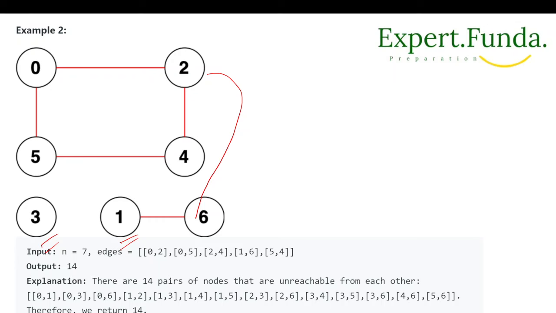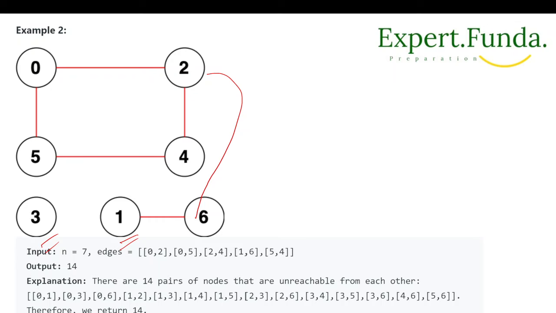So the total number of pairs with one node in the first component and the other node in any of the remaining components is equal to the number of nodes in the first component multiplied by the total number of nodes except those in the first component.